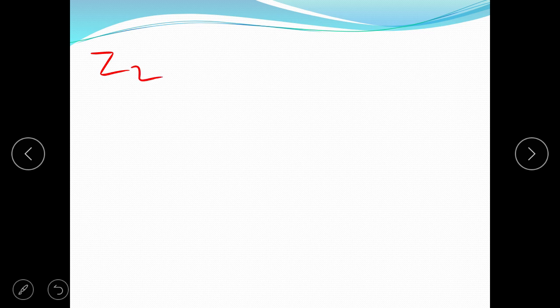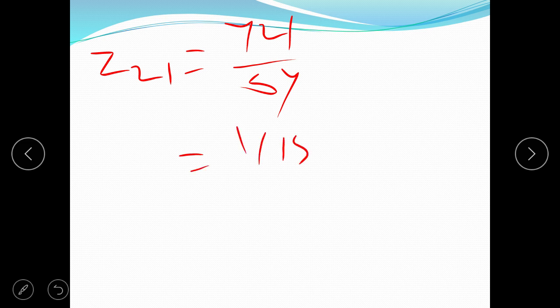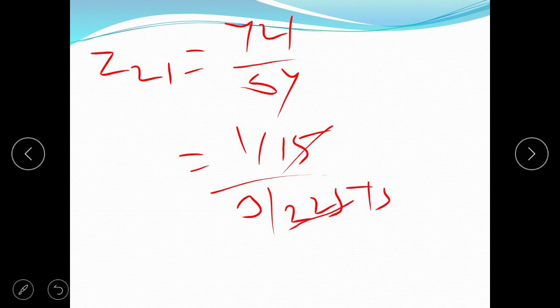And Z21 is Y21 upon del of Y. This is 1 upon 15 divided by 3 upon 225. 15, 5. So its value is also 5 ohm.